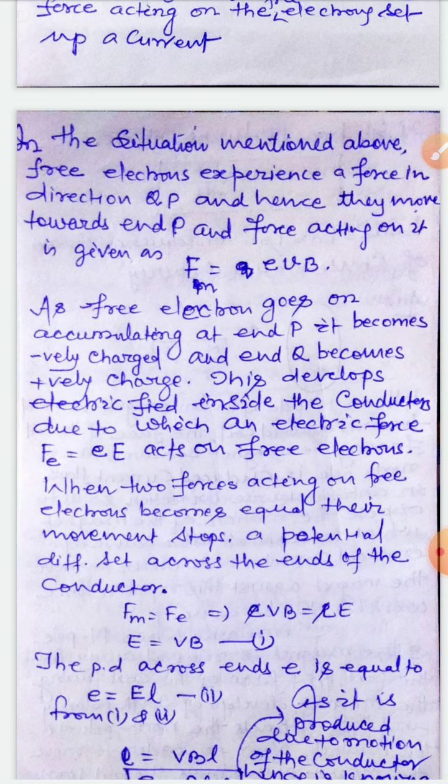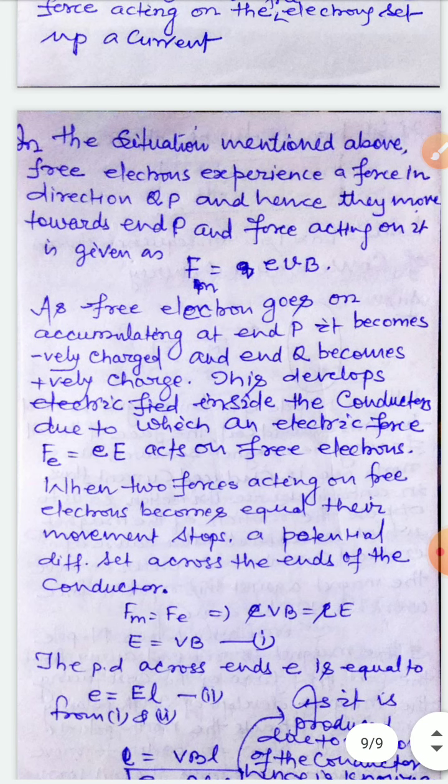From 1 and 2 we get EMF e is equal to BLV. So the expression for motional EMF is e is equal to BLV, and as it is produced due to motion of the conductor, hence it is known as motional EMF.